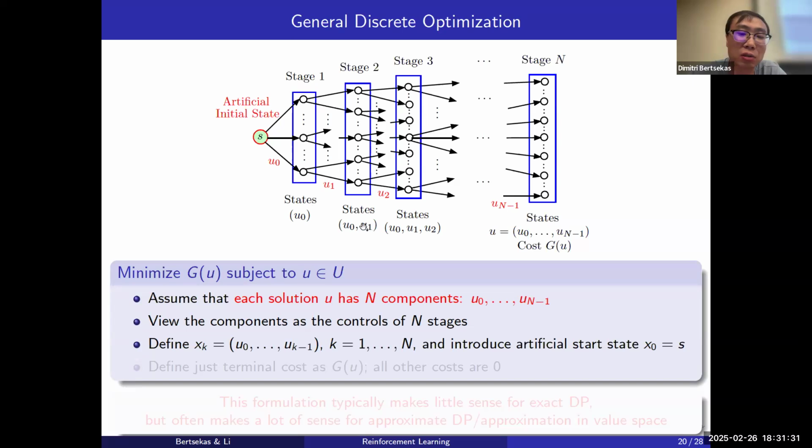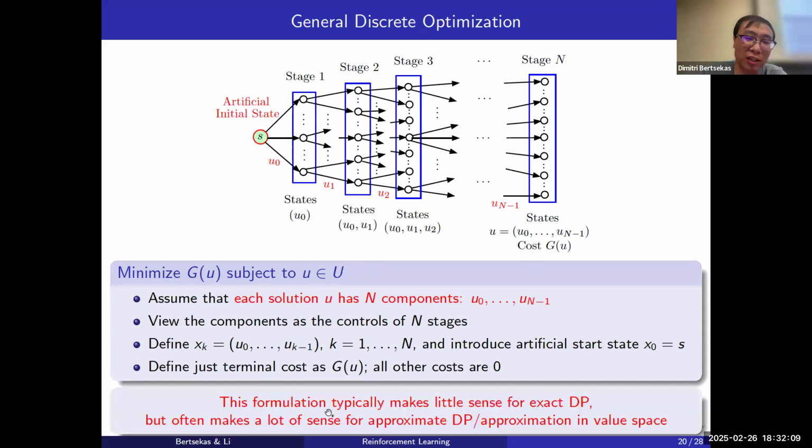You append u2 to the pair and you get the triple, and so on, all the way. After applying the last control, you get the complete u that should satisfy this constraint. There is no cost in all those transitions except the terminal cost, g of u. All the other costs are 0.